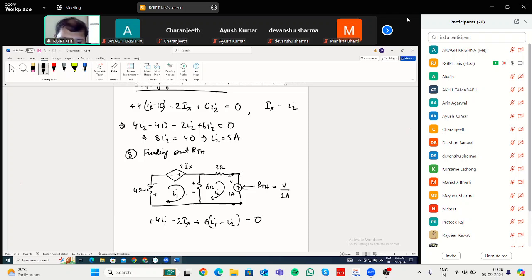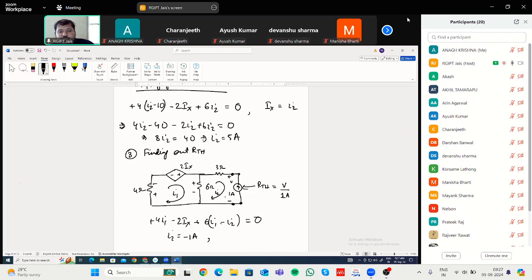Here I2 you have assumed to be flowing from top to bottom, but the original current is in the opposite direction. Since the direction we have assumed opposes the current source, a minus sign will be there. The magnitude remains the same, so I2 is minus 1 ampere. This is the second equation.